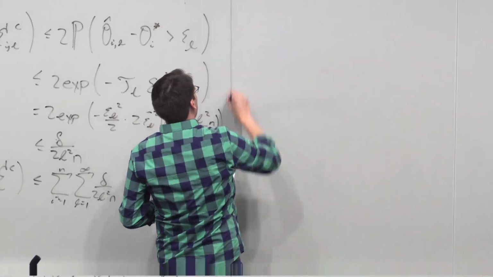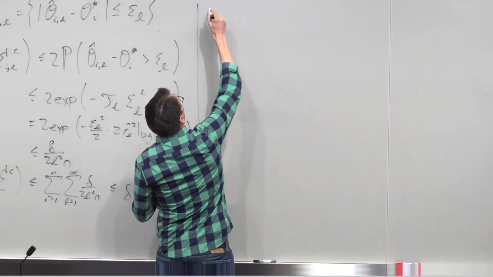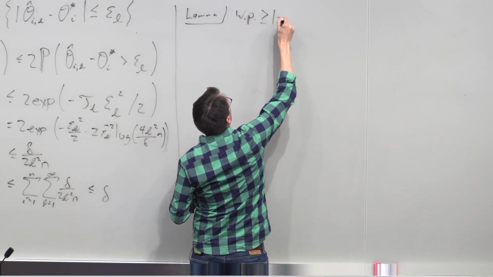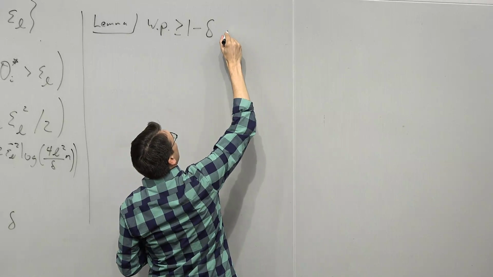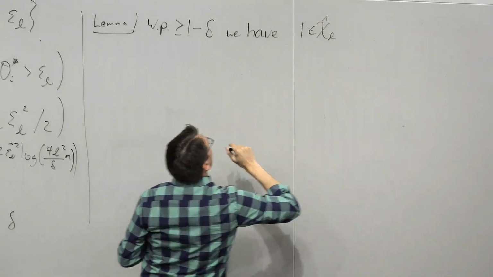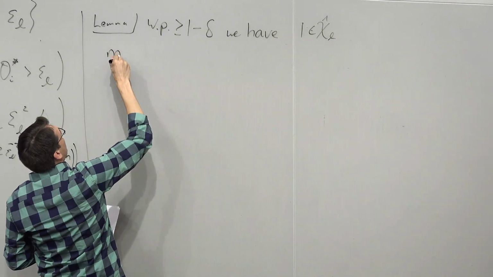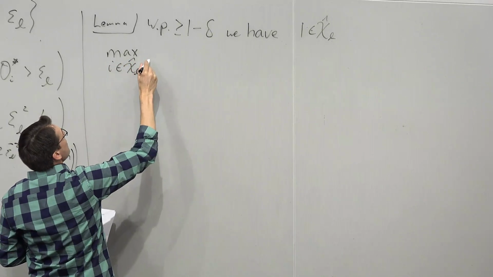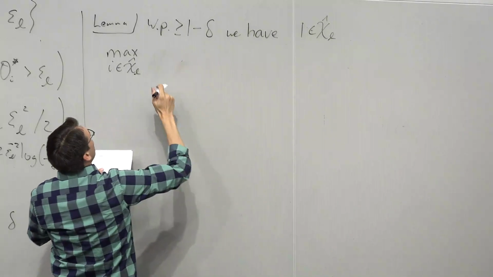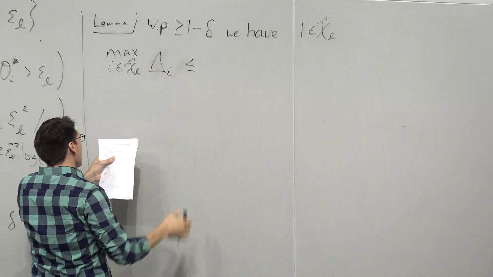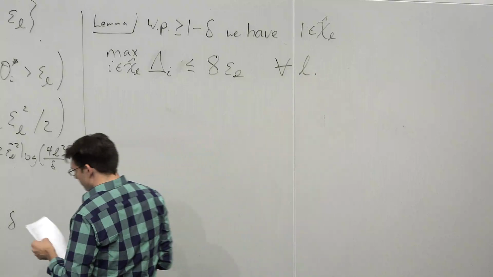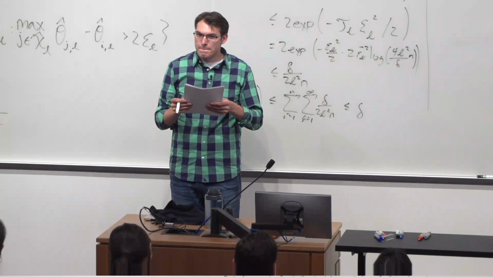The first thing is that I want to prove this lemma, which is the core piece of everything: with probability greater than or equal to 1 minus delta, we have that arm 1 is in x hat L, and the max over I in x hat L of the gap, theta 1 star minus theta I star, is less than or equal to 8 epsilon L for all L. Okay?